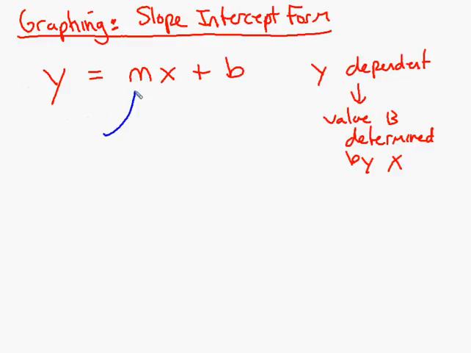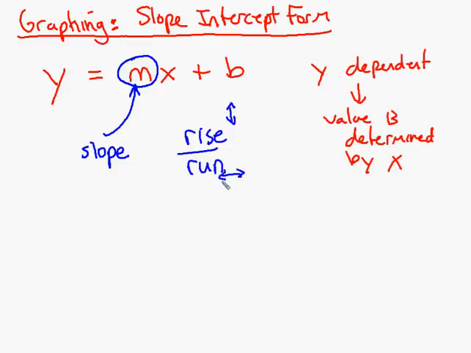Alright, so this m, and just the m, not the x with it, is the slope. And we can think of slope as rise, up and down, over run, left and right. We can also think of it as change in y, that's what that little triangle means, change in y over change in x.